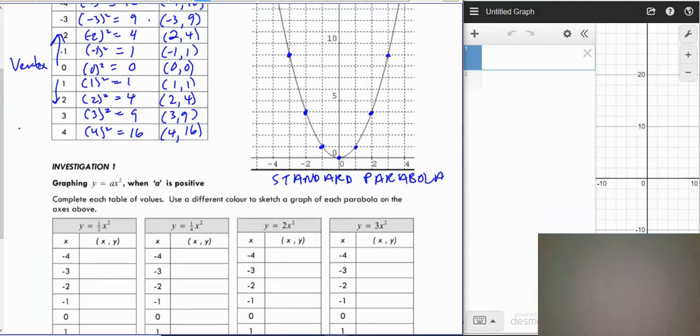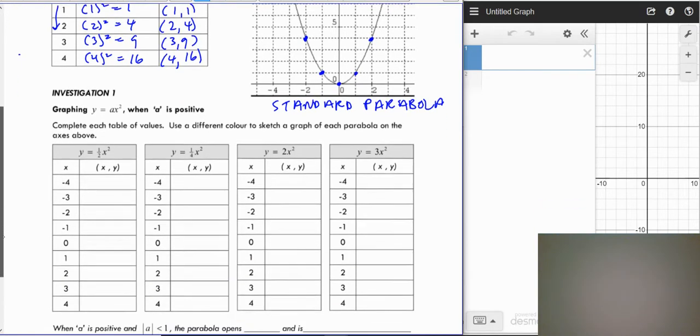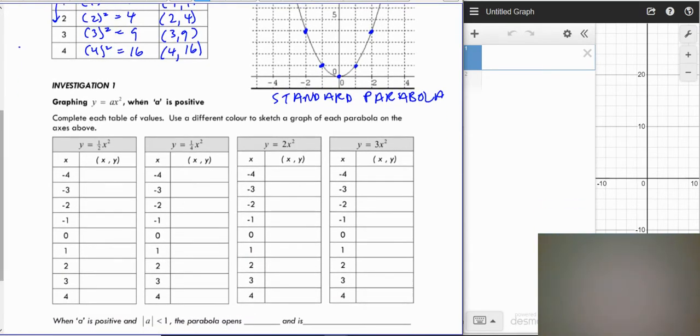Okay, so let's keep investigating and see what happens when we change the a. So we're going to make changes to the a value. So when graphing y equals ax squared when a is positive.